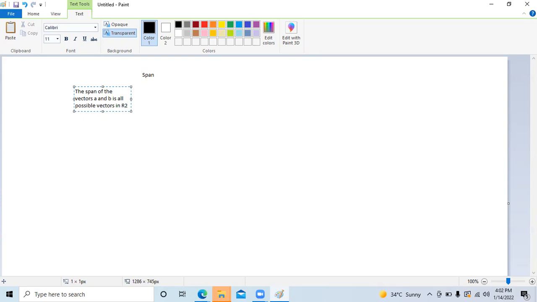R2 is, of course, two-dimensional real coordinate space, right?